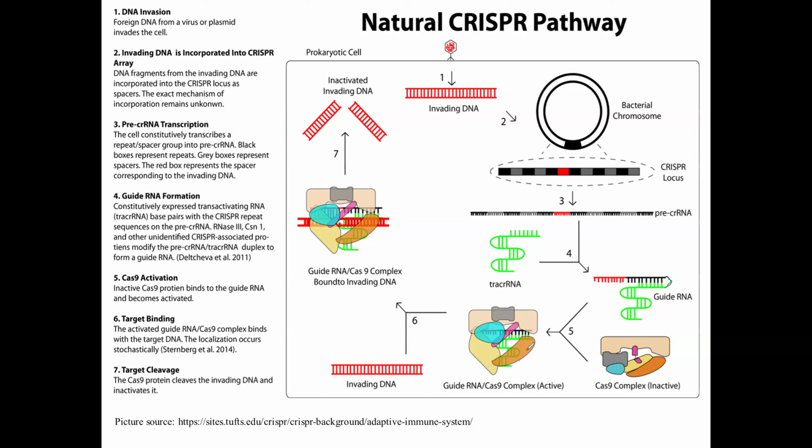If there is complementary base pairing, all the 20 bases of the spacer sequence are able to bind by hydrogen bonds to the target DNA, the protospacer sequence, then the cleavage happens.